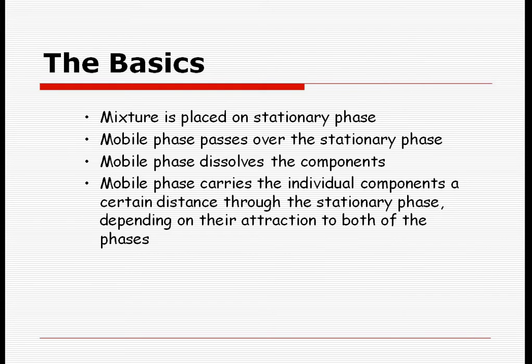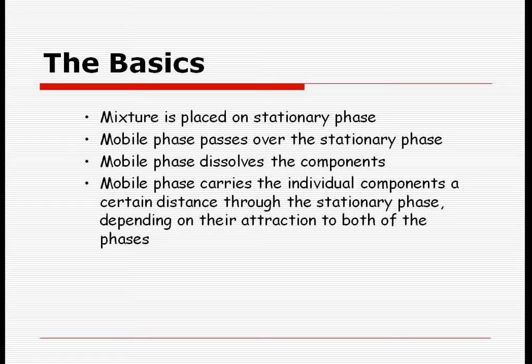The basics of chromatography. A mixture is placed on a stationary phase. We already know about this. There are two phases in chromatography: first is the stationary and second is the mobile.